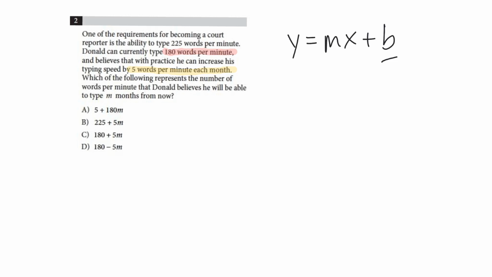So if we have a rate of change of 5 words per month, and we start at 180 words, that should give us our equation. So C would be our solution.